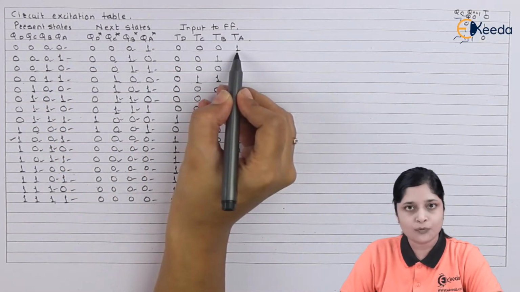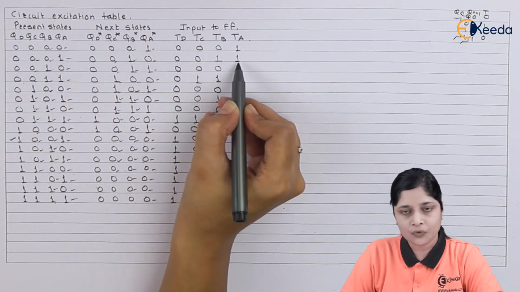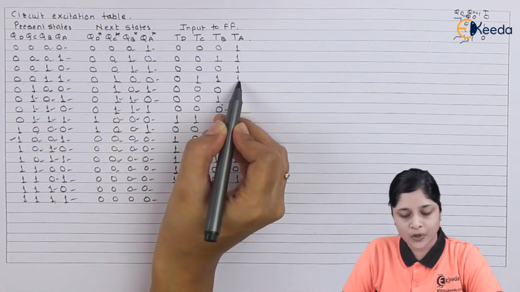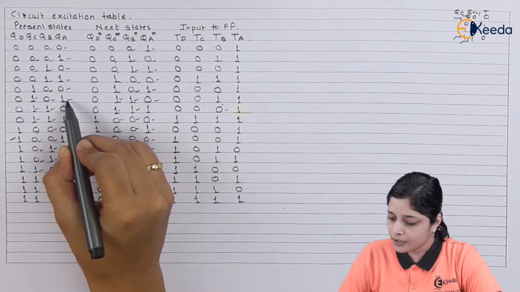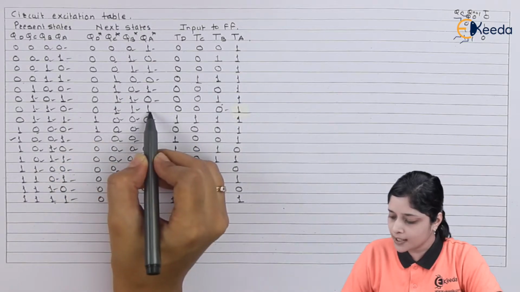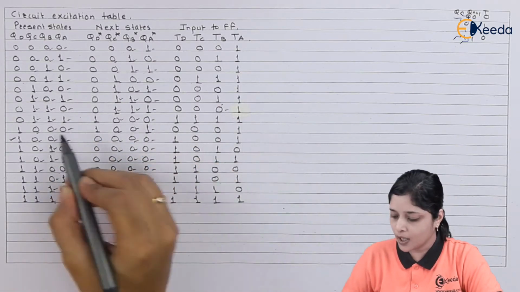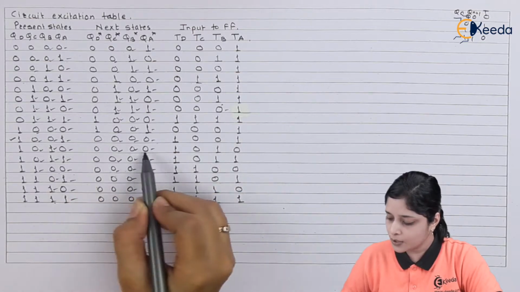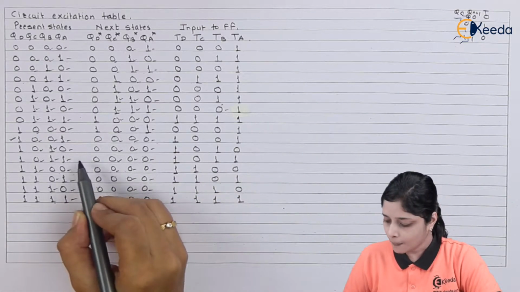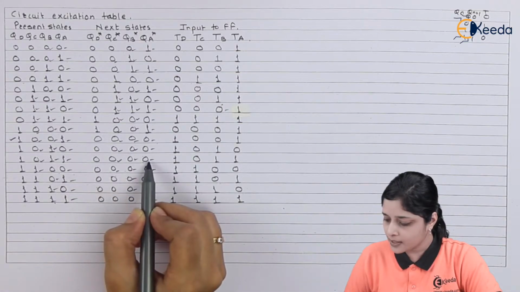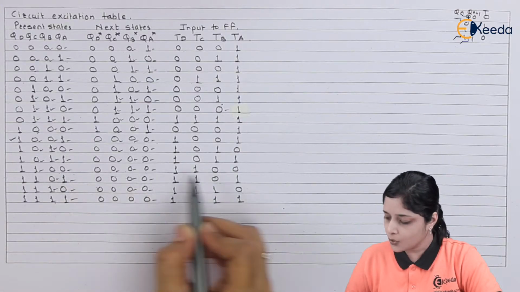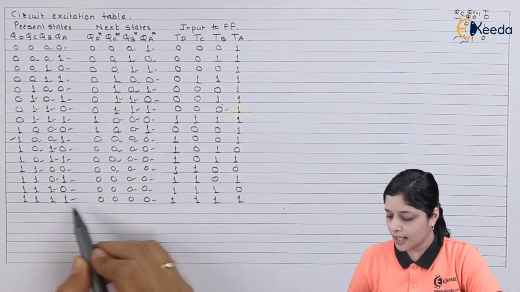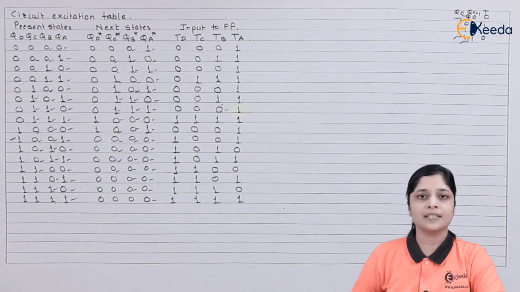So 0 1 is 1, 1 0 again 1, 0 1 1, 1 0 we have to write 1, again we have 1 0 is 1, 0 1 is 1, 1 0 is 1, 0 1 is 1, again we have 1 0 1, 0 0 we have to write here 0, then QA is 1, QA star 0, so 1, 0 0 is 0, 1 0 is 1, 0 0 is 0 and 1 0 is 1. In this way you have to complete the table for the TA.